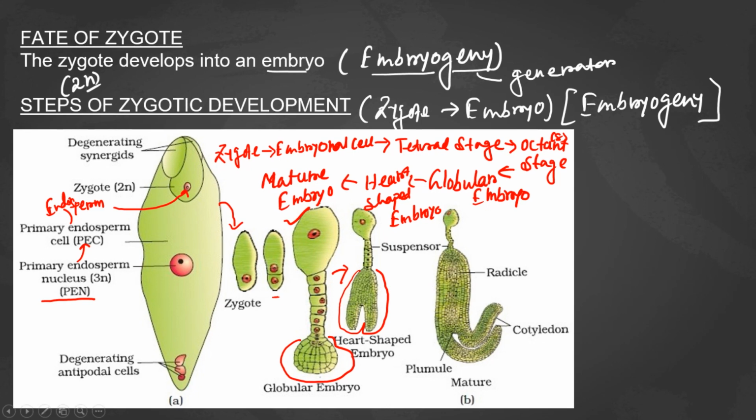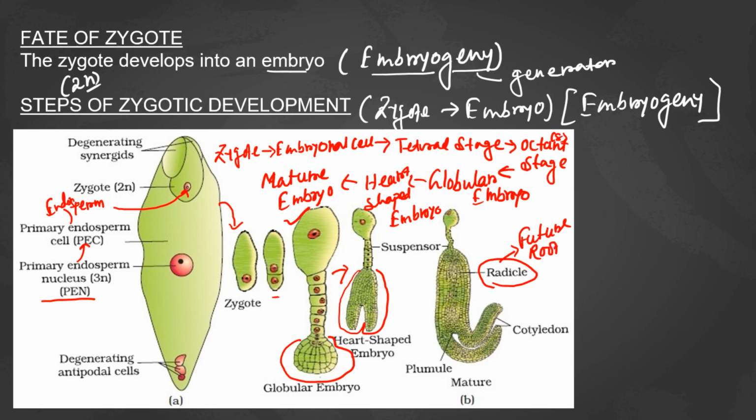And in the mature embryo, what will be there? Definitely the radicle. The radicle is nothing but the future root system. We already know this.